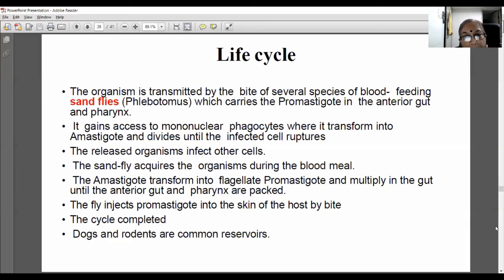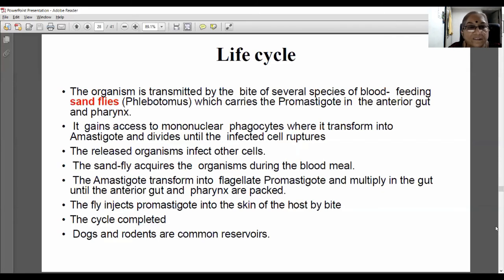And when such an infected sandfly goes and bites the new host, it is going to inject the promastigote form into the skin of the host.